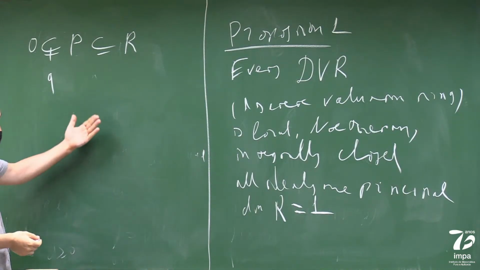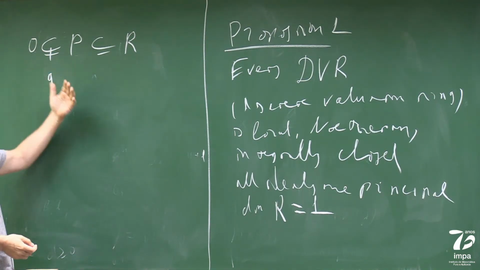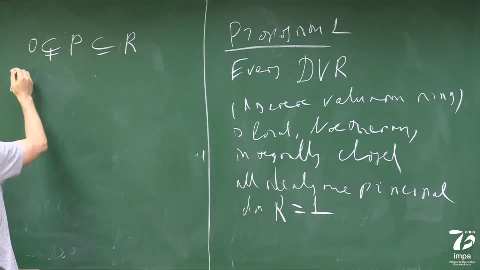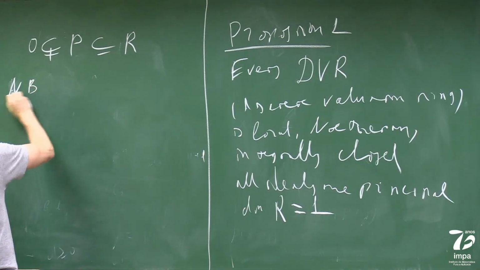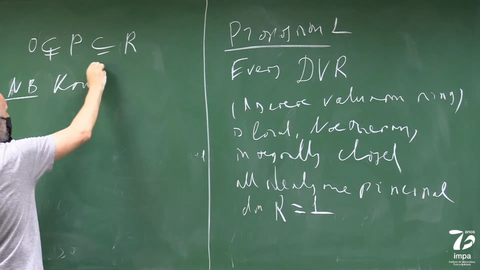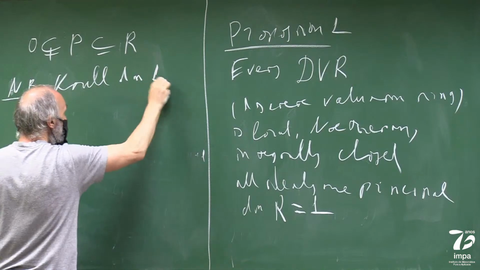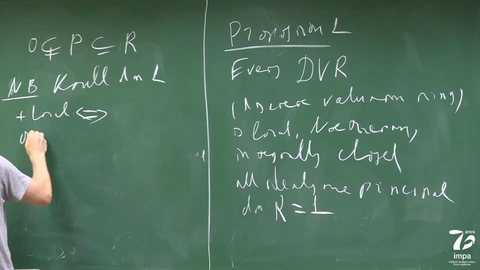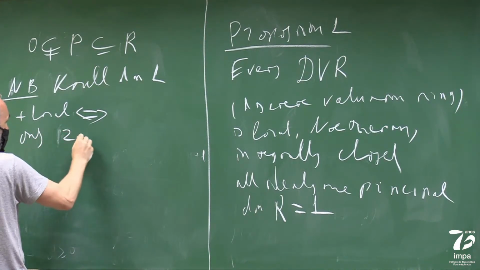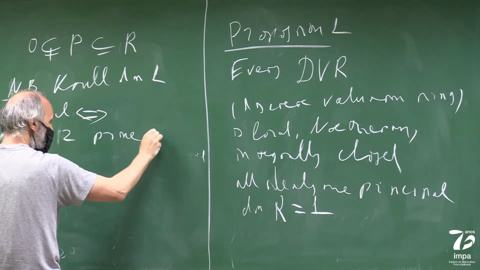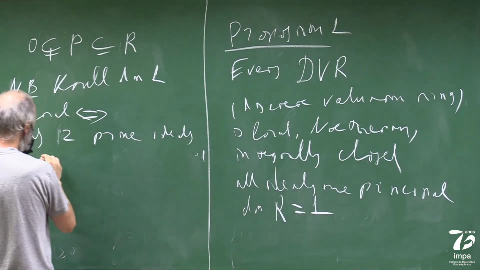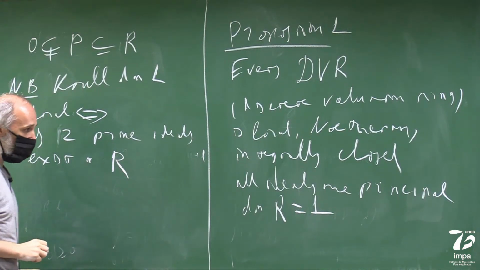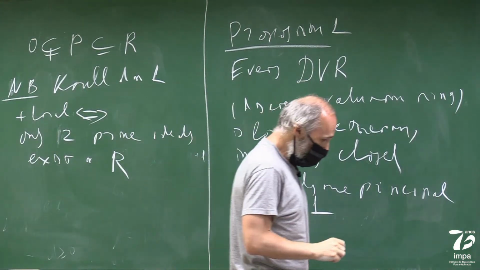But Krull dimension 1 prohibits this, there is no second ideal. So nota bene, Krull dimension 1 plus local is equivalent to only 2 prime ideals existing in R. Okay, so this is a really strong condition.